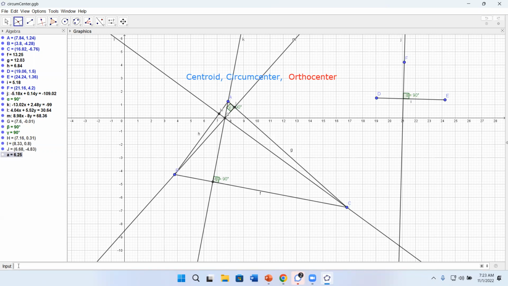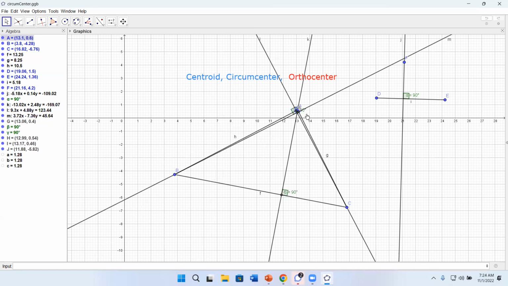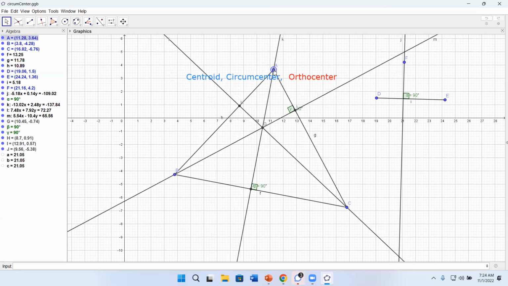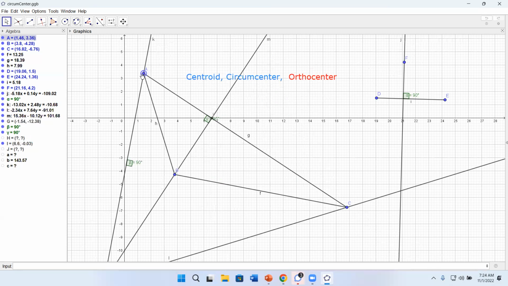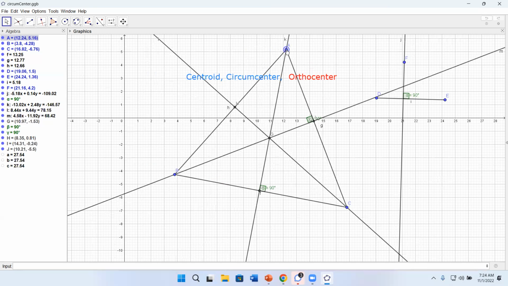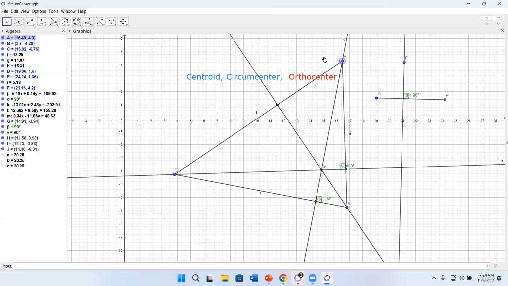If I take, let's say from point B, BG times GI, that's also 6.25. And if I take CG times GH, they're all the same, 6.25. So if you move point A around, the product of the three is going to be the same, even if it's outside.